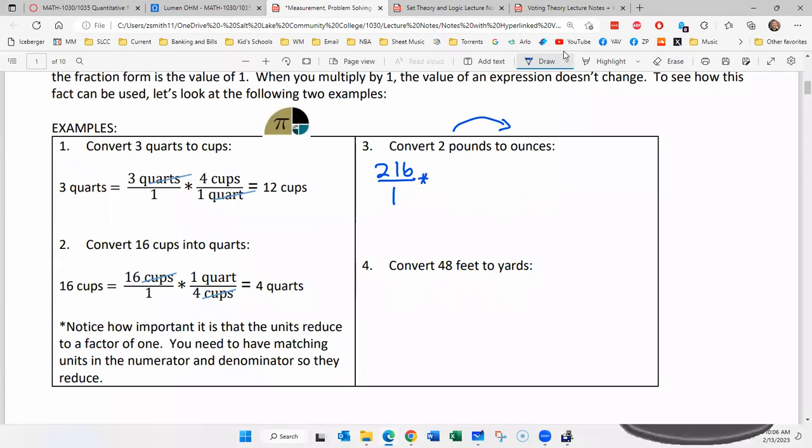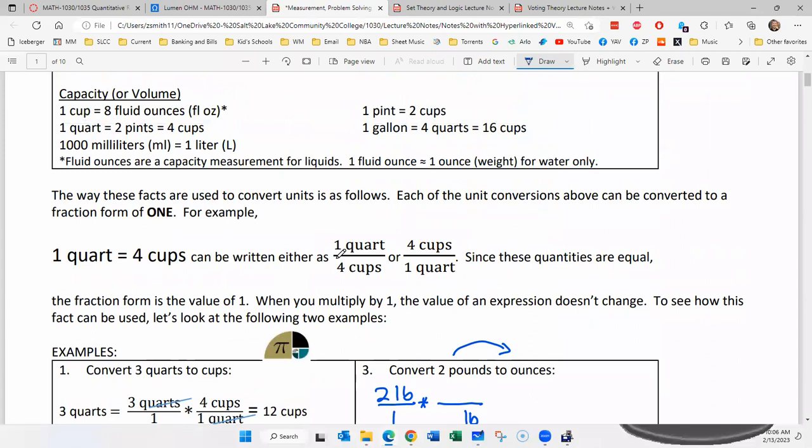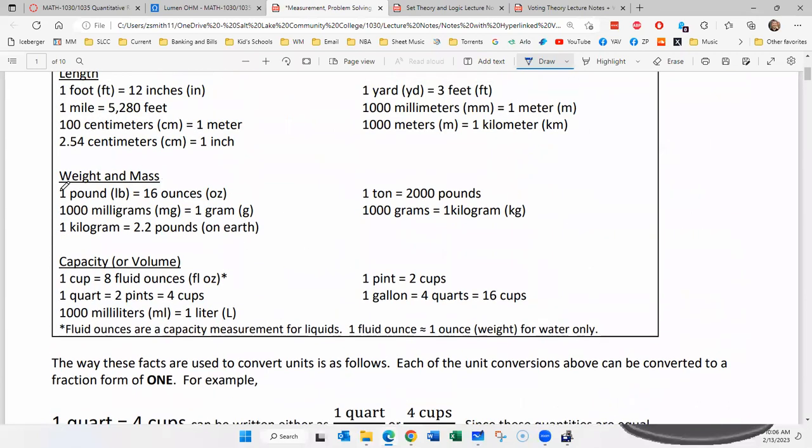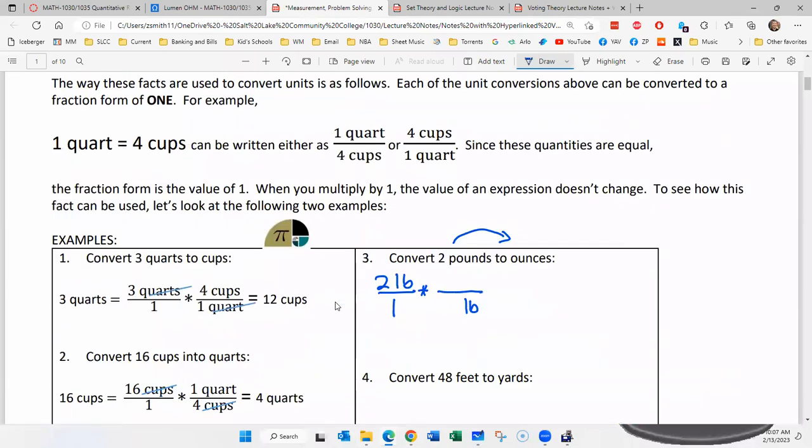Now, what's important is my conversion factor in the denominator has to have pounds so that I can reduce those units. And this information will be on the exam. You won't have to know all of this, but pounds to ounces, weight, there we go. 1 pound is 16 ounces. So this is the conversion that we need. So we have 1 pound and 16 ounces.